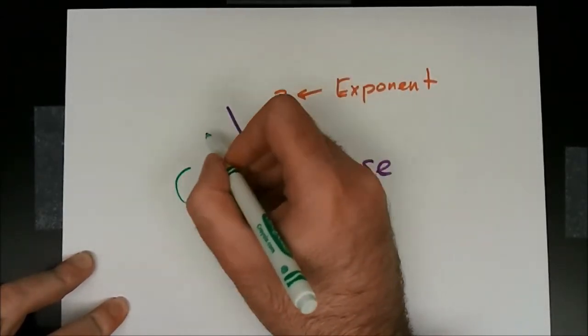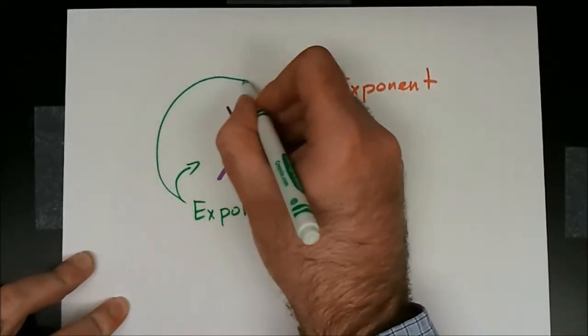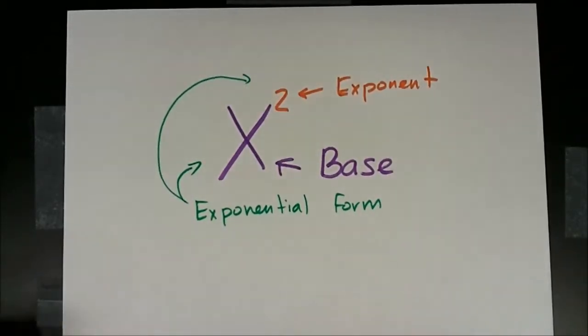So the exponential form is both the base and the exponent together. Together they form the exponential form of any number. That's what it would look like.